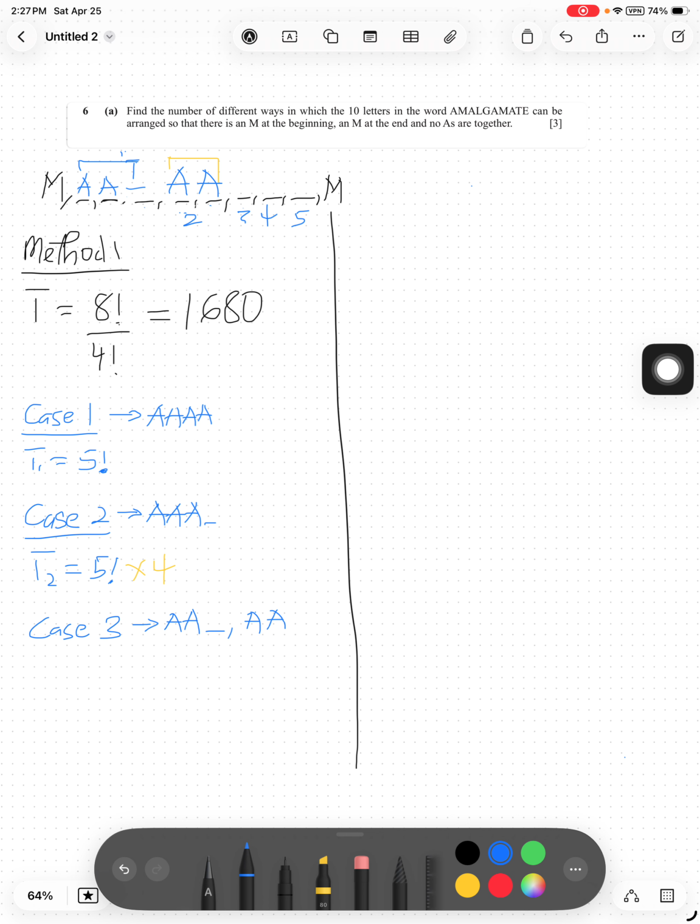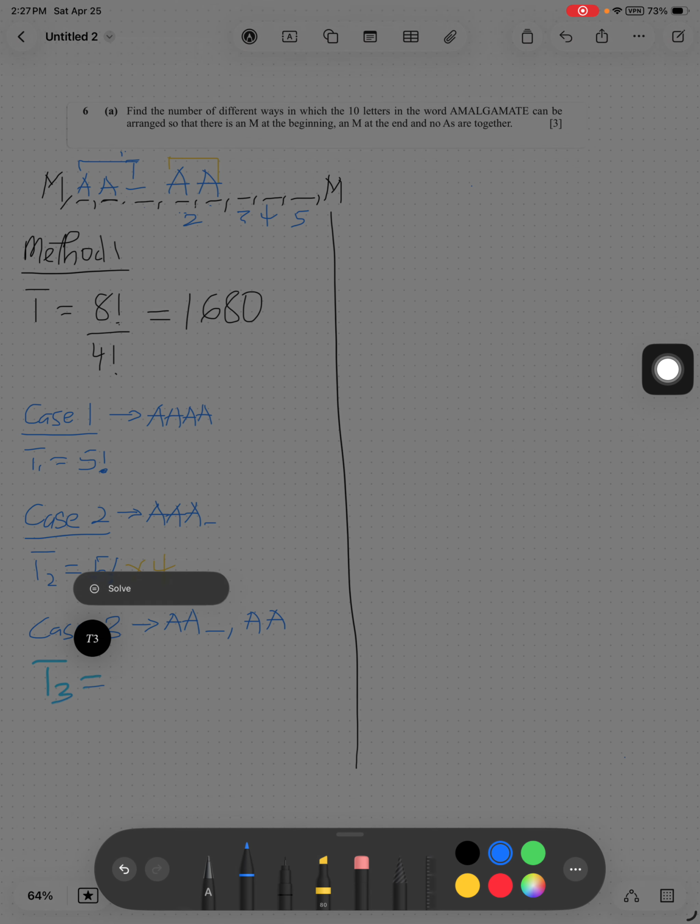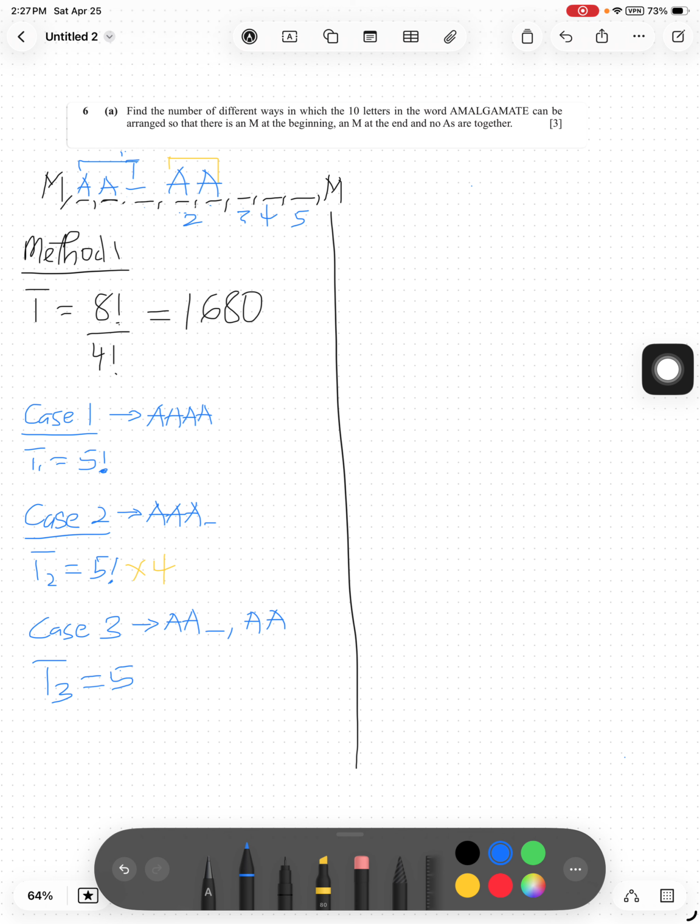Right. So we move it from this part to this place. That is where the two A's are fitted because they are treated as a block. So it's 1, right? So we put them in there and that gives us 1. Then we can fit it in this position 3, 4, and 5. So we get 5 factorial for that. Let's call it C3. So we get 5 factorial for it.